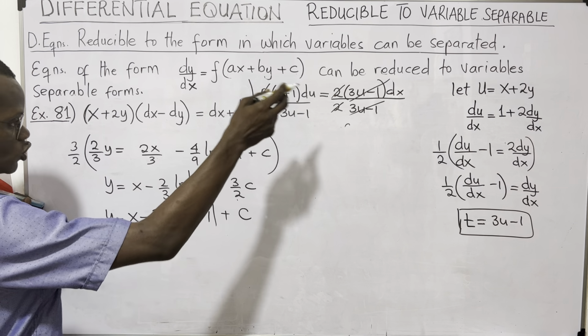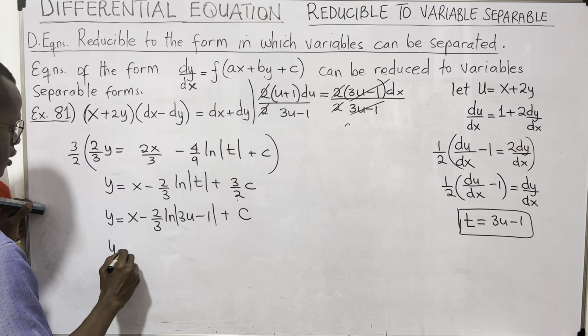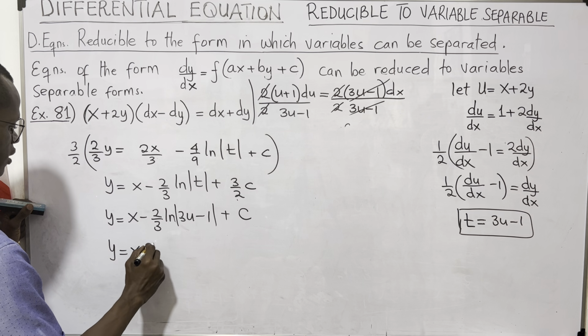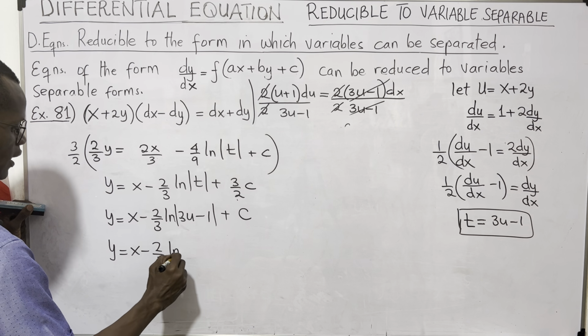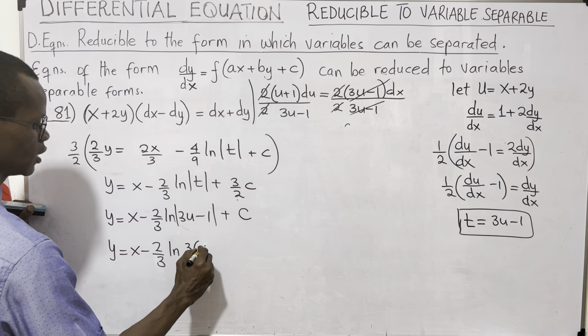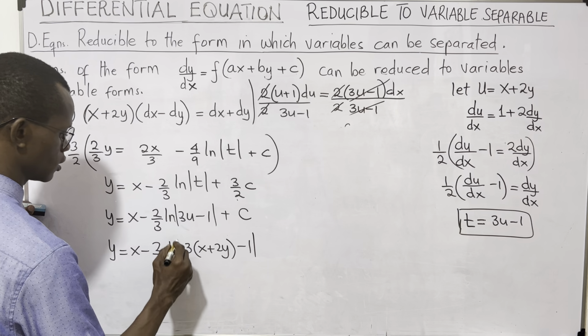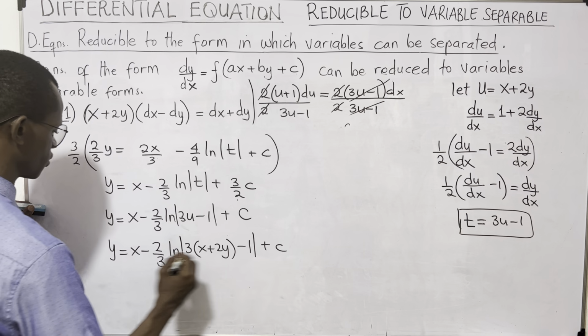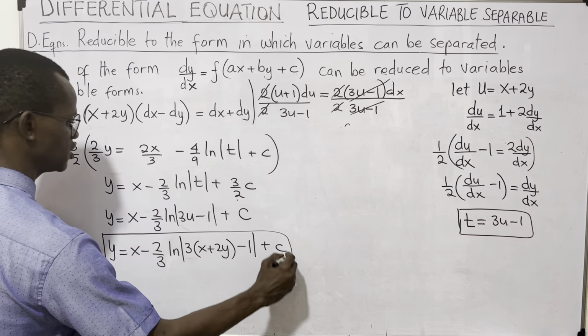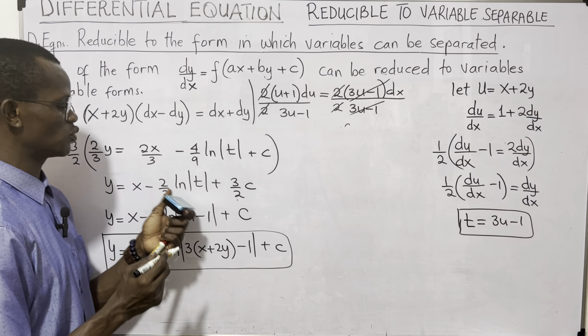Again, what is u? u is x plus 2y. So x minus 2 over 3, the ln of 3 times x plus 2y minus 1 plus some arbitrary constant c. So there's a general solution for this differential equation.